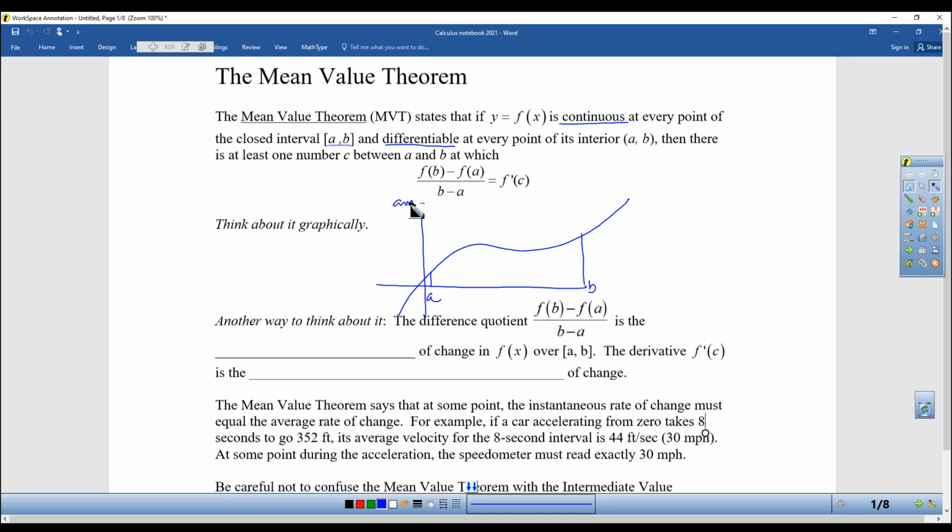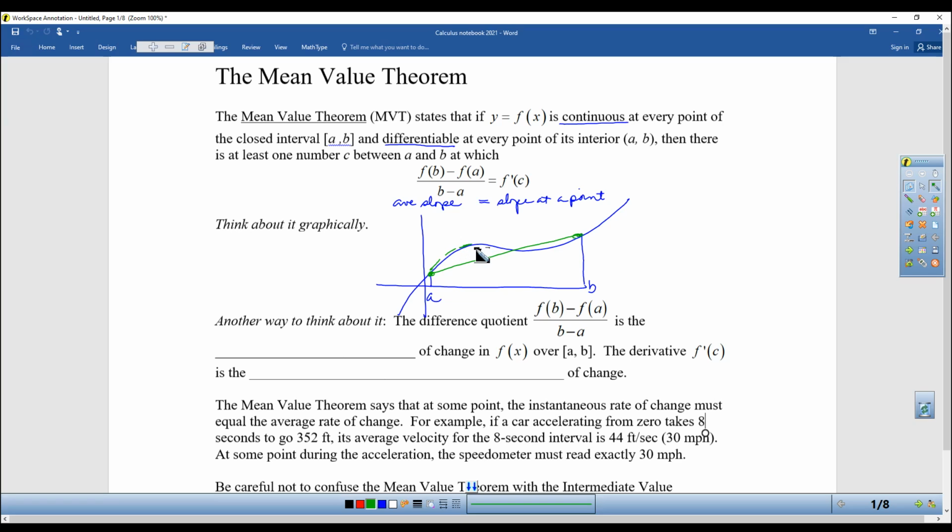This is just saying that the average slope is equal to the slope at a point. So on my graph, the average slope from a to b would just be this. Sometimes the slope is steeper.